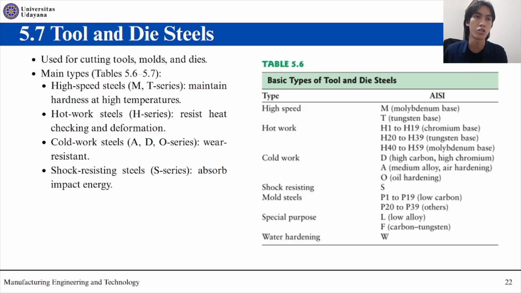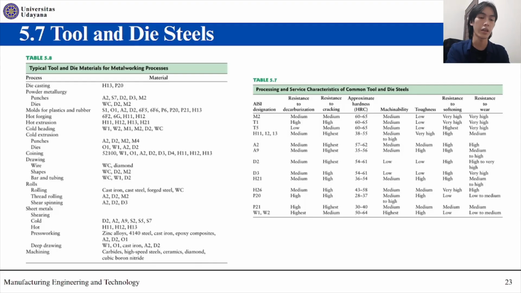The last one is shock resisting steels, S series. Okay, you can see on table 5.8 and 5.7. This shows typical tool and die materials for metalworking processes.